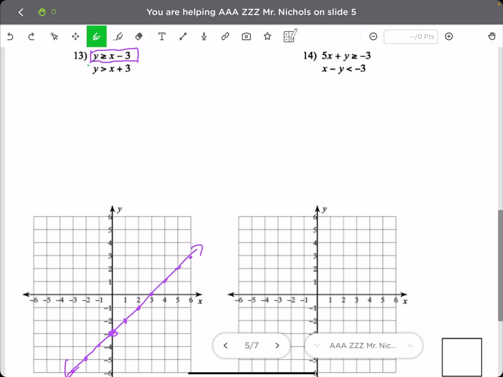So my other equation, or inequality I should say here, is x plus 3. So this is plus 3, and once again it is x, so it's the same slope. Looks like this. Now it is greater than, and so I'm going to do a dashed line.